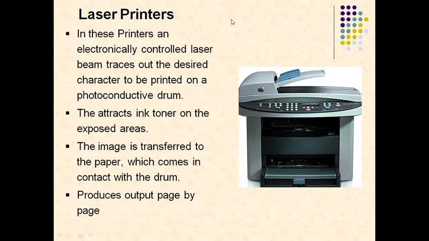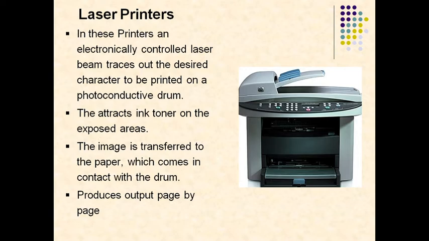In these printers, an electronically controlled laser beam traces out the desired character to be printed on the photoconductive drum. This is how it is working. Now, laser printers, how they work: an electronically controlled laser beam traces out the desired character to be printed on a photoconductive drum.